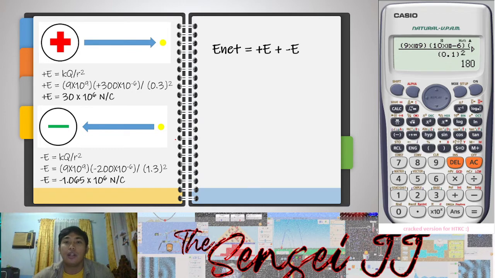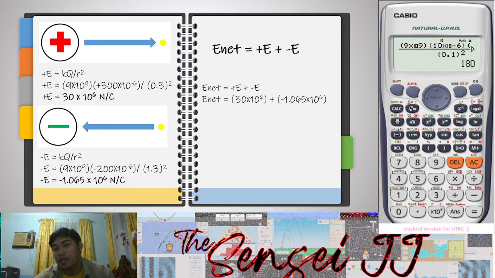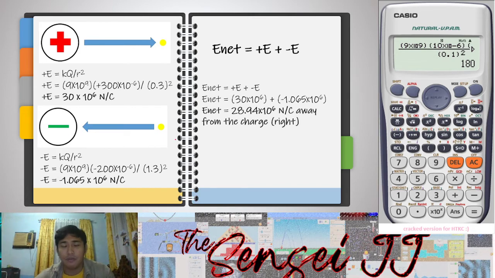So we have here our E net, or our net electrical field, of 30 times 10 raised to 6 plus negative 1.065 times 10 raised to 6. We have here the value of 28.94 times 10 raised to 6 Newton per Coulomb away from the charge, meaning going to the right.